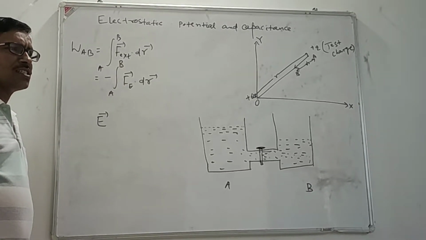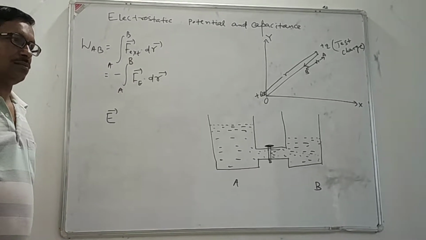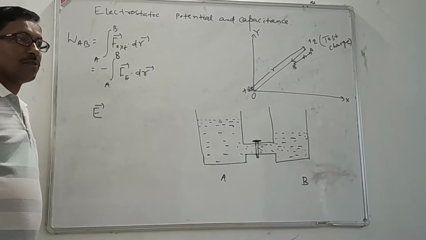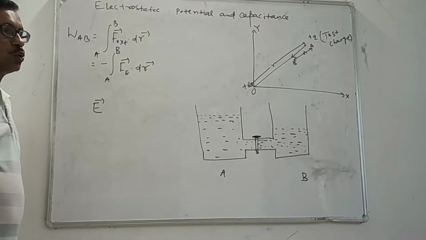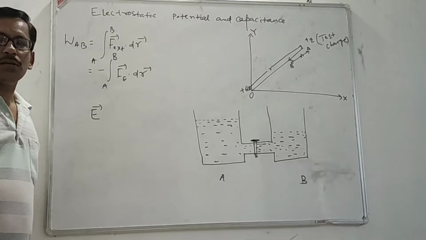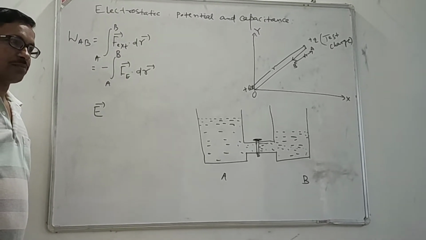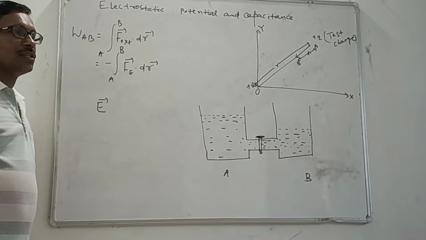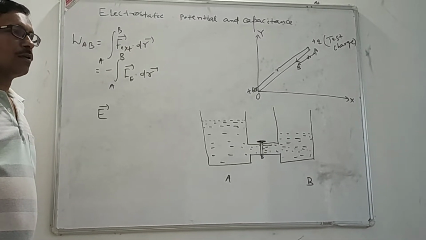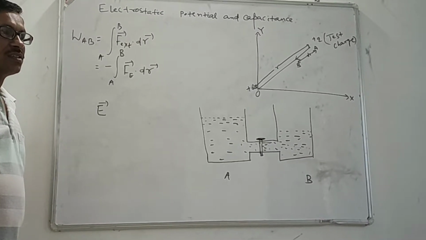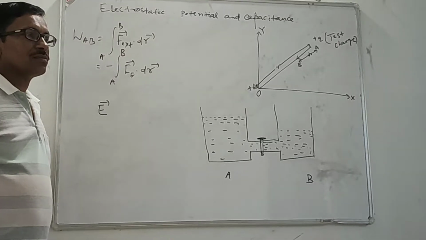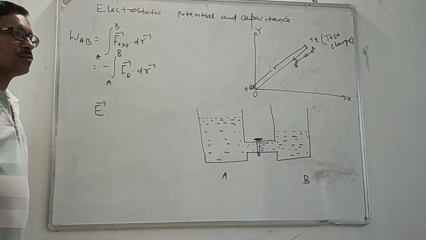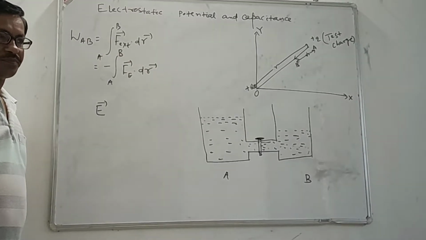And electric potential is a quantity which gives the degree of electrification of a body, and it will decide the direction of flow of charge. A charge always flows from a higher potential to a lower potential.